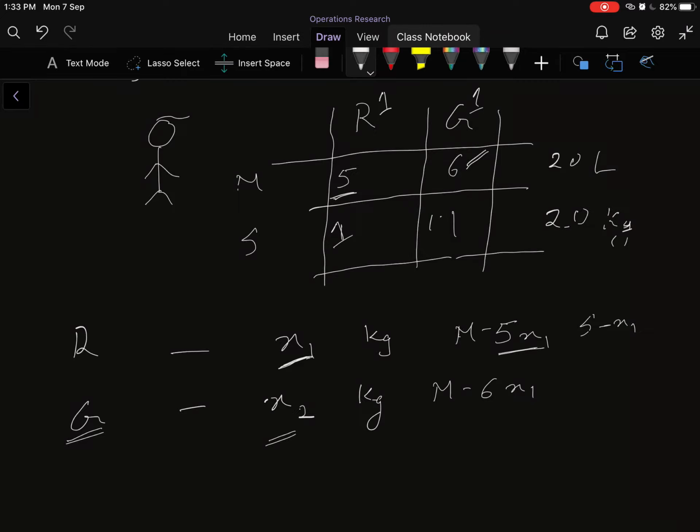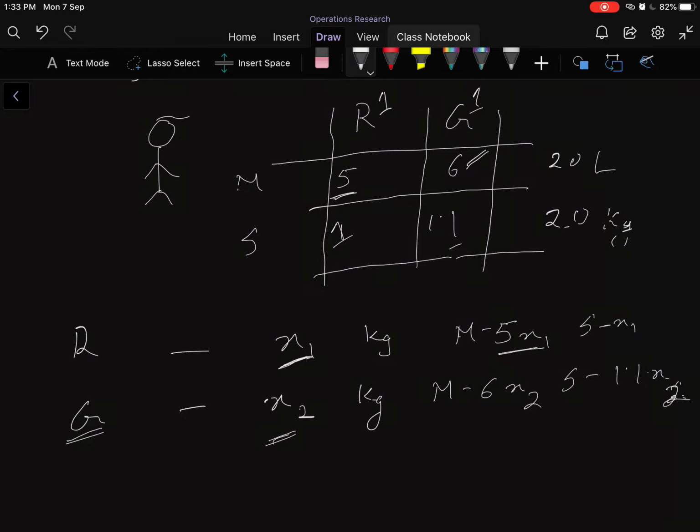Similarly, the amount of sugar that he would be requiring would be 1.1 multiplied by x2. Sorry, my mistake, it should be x2.